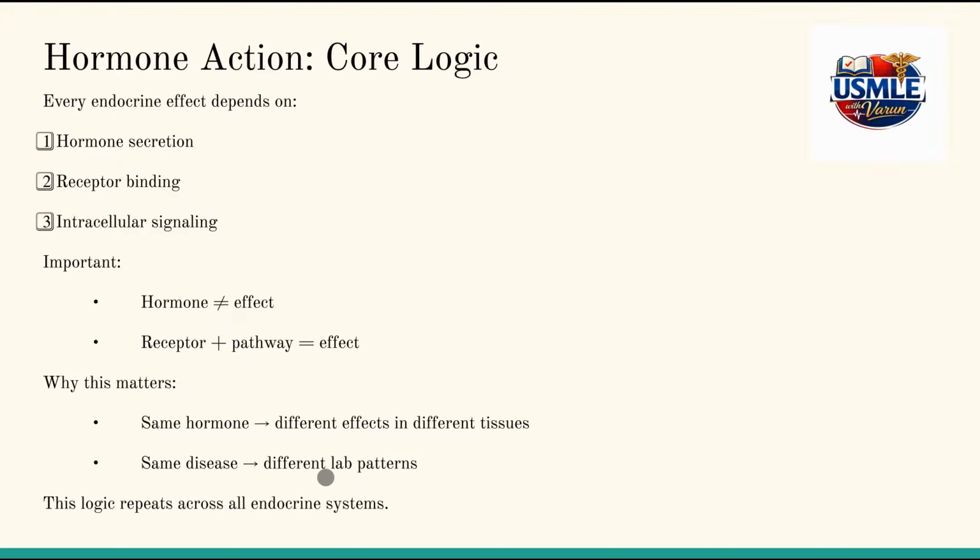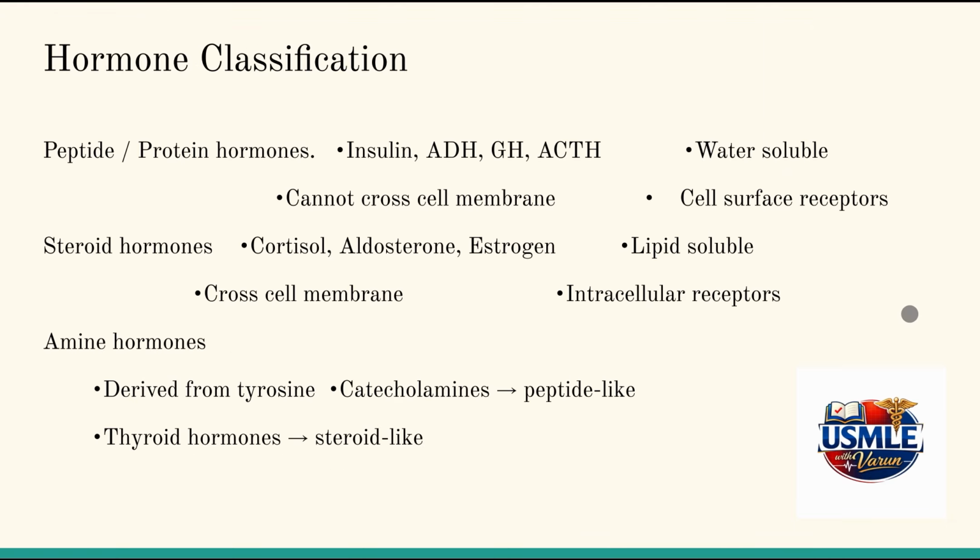The same hormone may cause different effects in different tissues, and also a receptor defect causes different kinds of diseases even when hormone levels are normal. So this logic repeats across all endocrine systems.